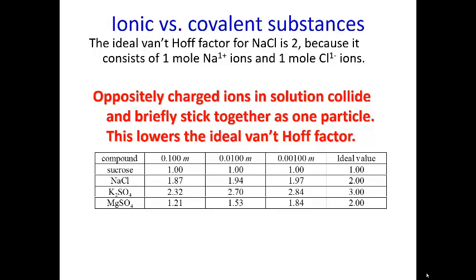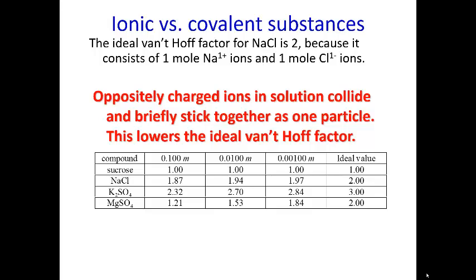Magnesium sulfate, you can see, is actually really effective at finding itself and sticking together, which should make sense because they're -2 and +2 charged ions that are going to be very attracted to each other when they find each other in solution. And so you can see that the Van 't Hoff factor decreases rapidly as your concentration increases from 2 all the way down to 1.21 when you get to 0.1 molal.